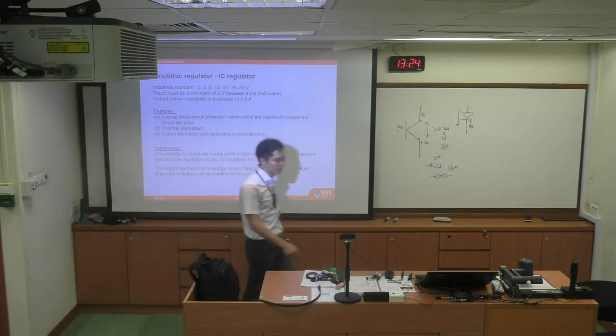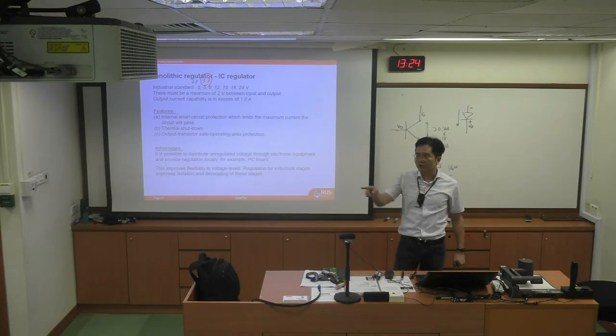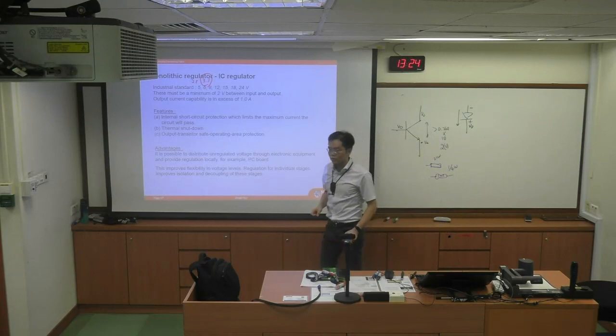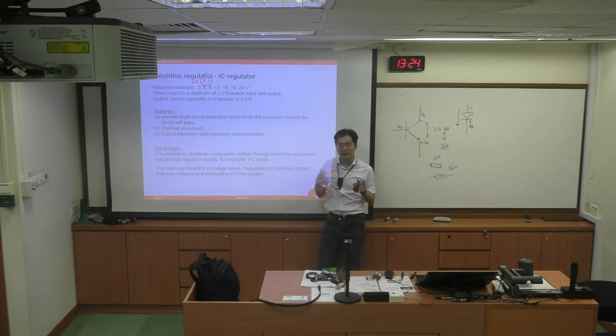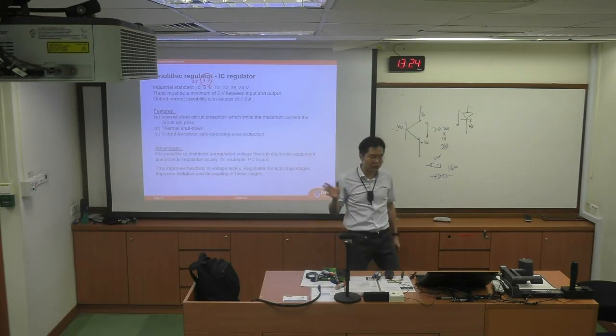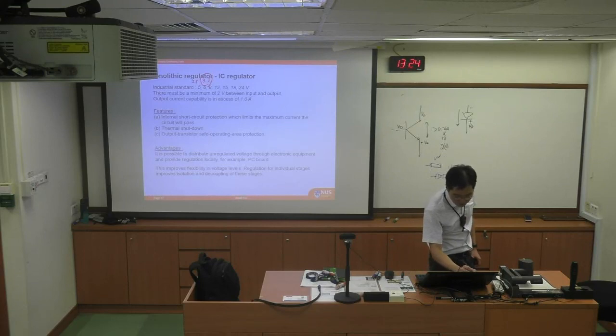Additionally we have 2.5 and 3.3, but more commonly used in electronics like your tablets and PCs will be 3.3, 5, and up to 12 and 15 volts, because your PCIe and the I/O with the PCs still rely on 20 volt, even 12 volt signaling as well. So that's why you need to have these high voltage compliant I/Os.